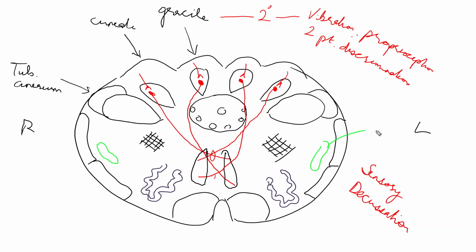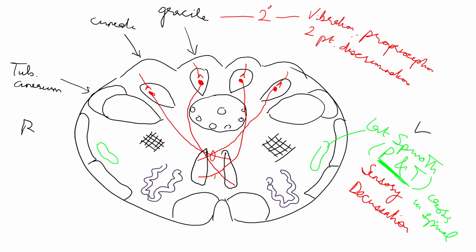Remember that the lateral spinothalamic tract carries which modalities of sensation? Pain and temperature, and these have already crossed in spinal cord at the level where the axons entered.